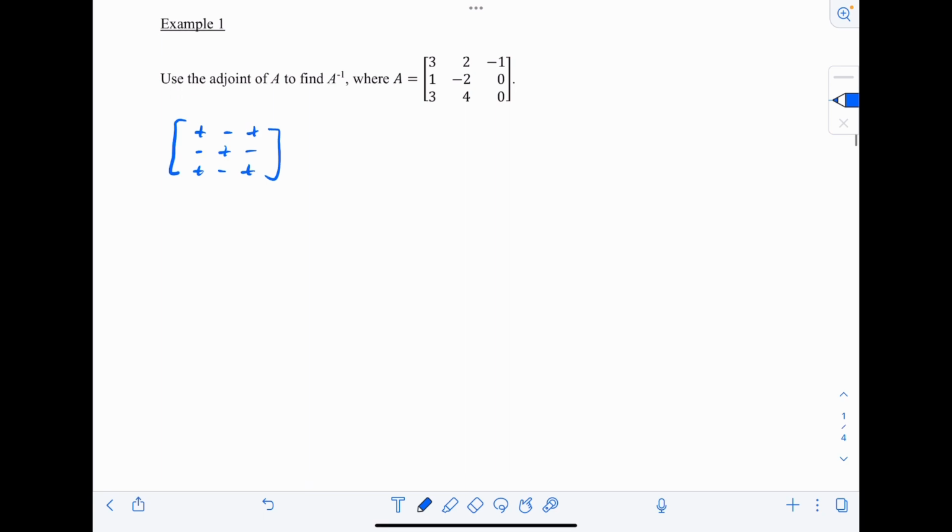Okay. So to find the cofactor matrix, we're going to go through each entry. We're going to cross off the row and column that entry is in, and then find the determinant of what's left. And again, for a 3 by 3, that's not actually too bad of a process. So if I go up to the first entry and cross off the row and column, I look at the 4 remaining entries and find the determinant.